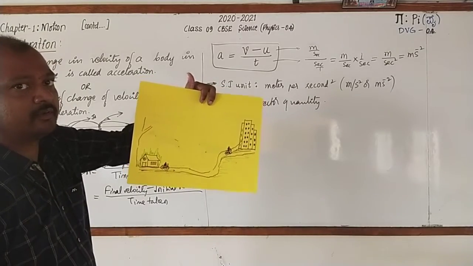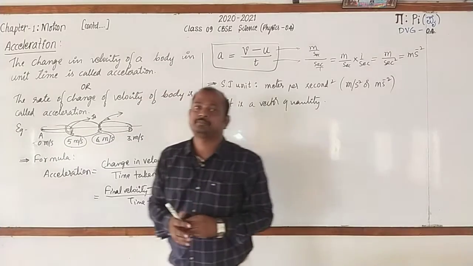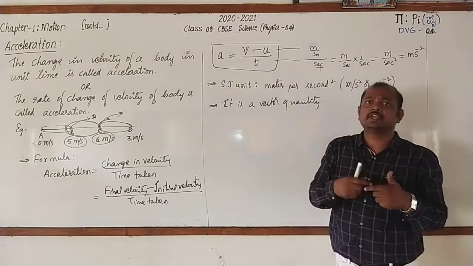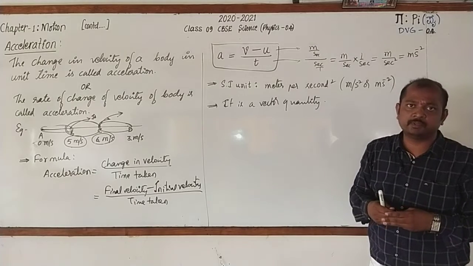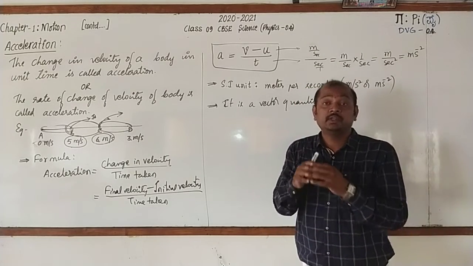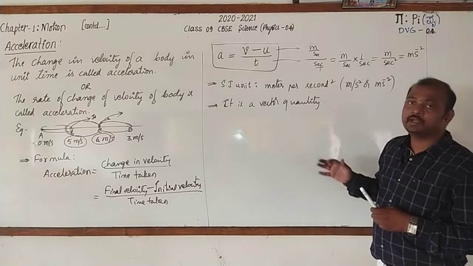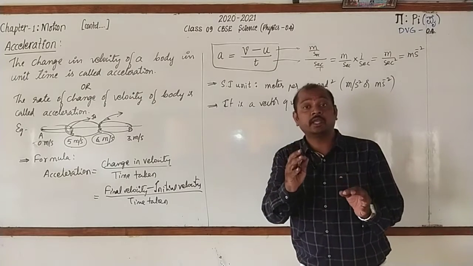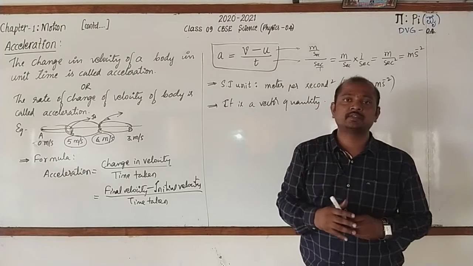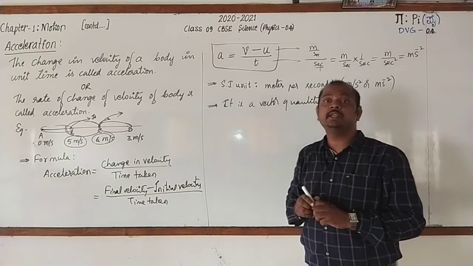He has to decrease the speed, right? So in general, if there is a change in velocity and it is increasing, we use the word acceleration. If the speed is decreasing, then we call it negative acceleration. This negative acceleration is also called retardation or deceleration.